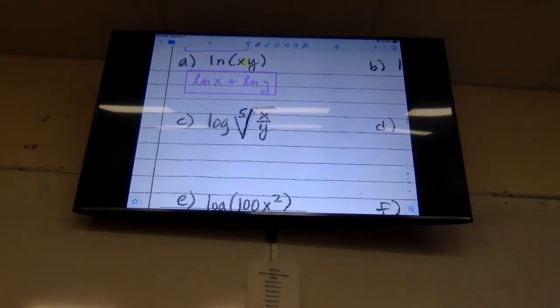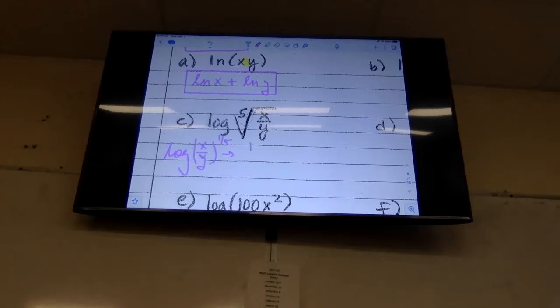Let's just do the one underneath it since I like to physically see it right here. Let's look at letter C. Log of the 5th root, or radical of 5, of x divided by y. What would that be as an exponent? 1/5. So I've got log of x over y raised to the 1/5.